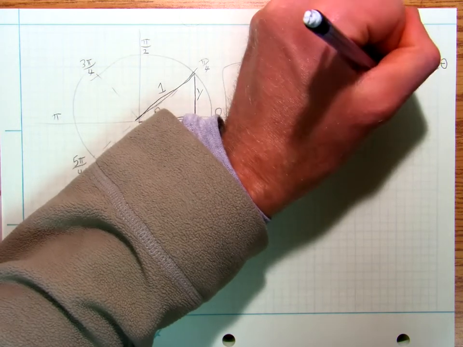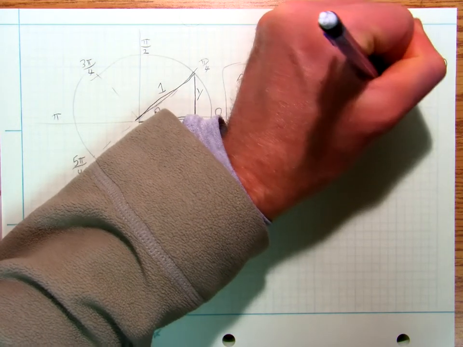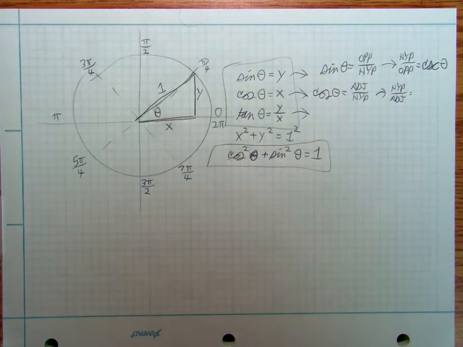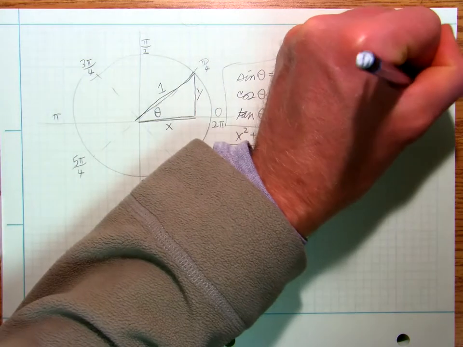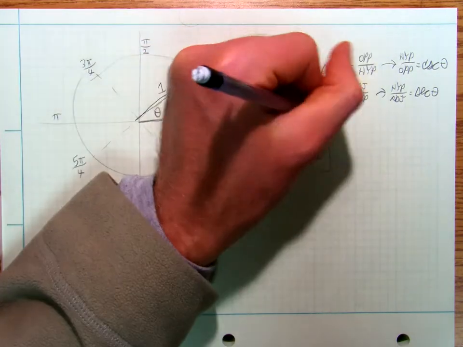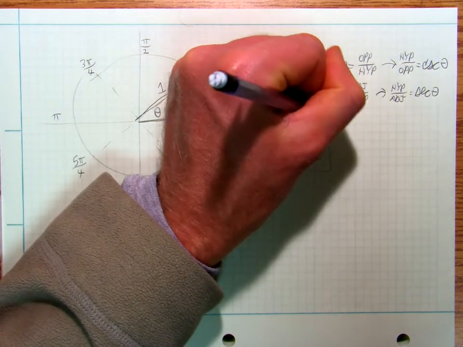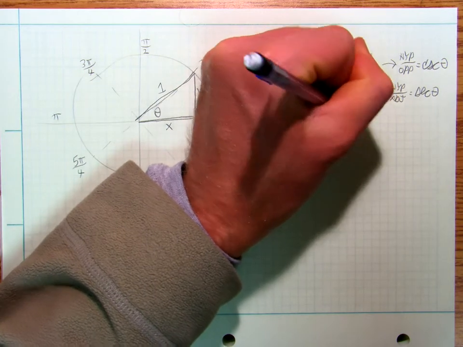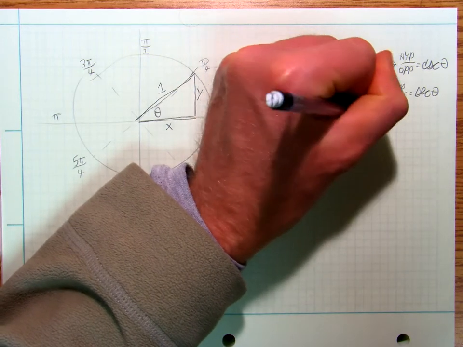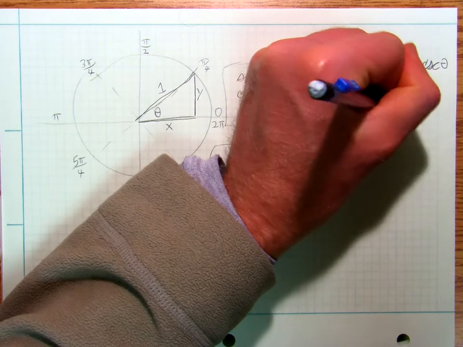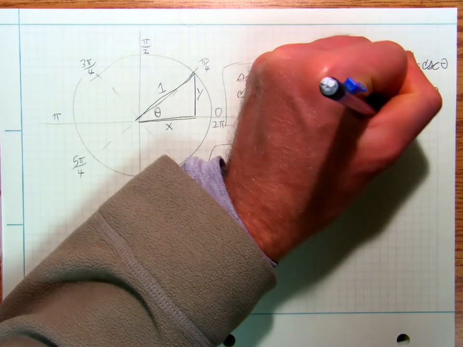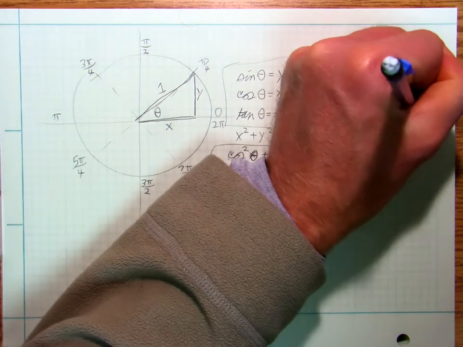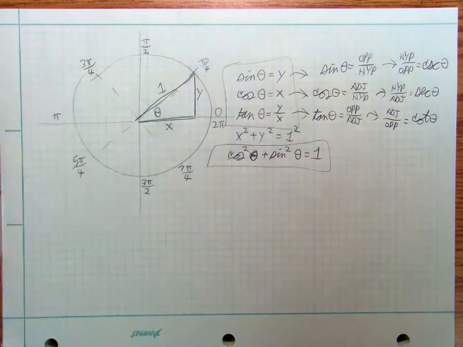And then hypotenuse over adjacent is equal to secant theta. And then tan theta is equal to opposite over adjacent. And then adjacent over opposite is equal to cotan theta. Okay.